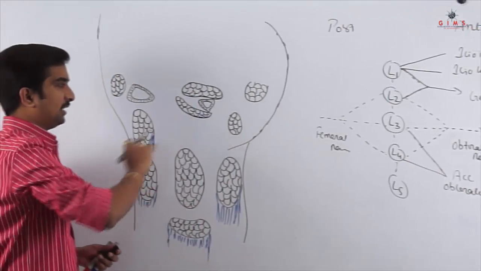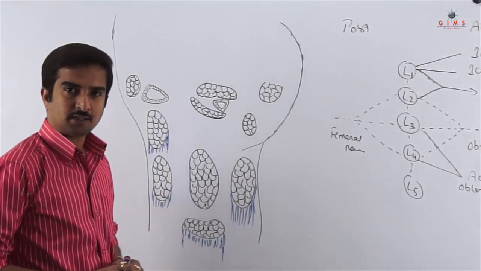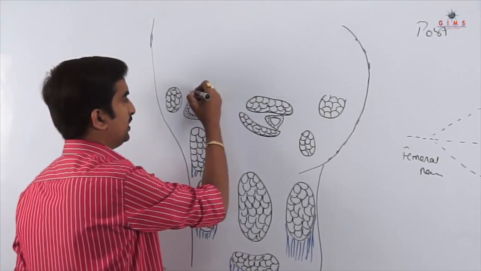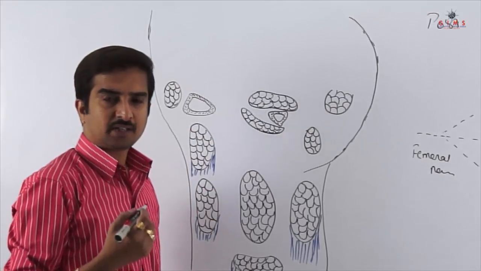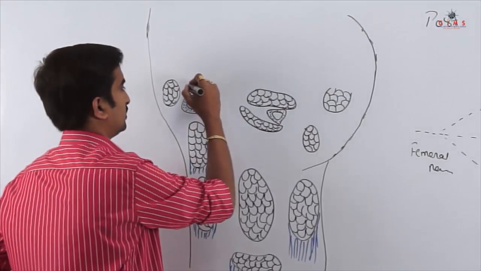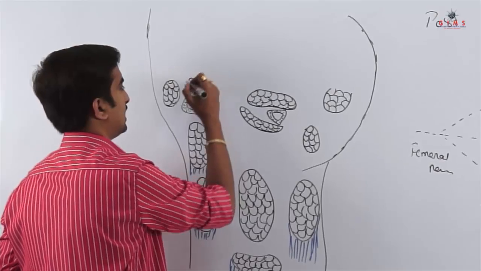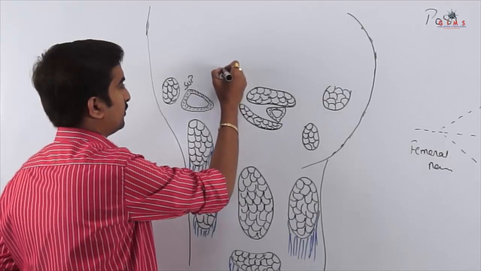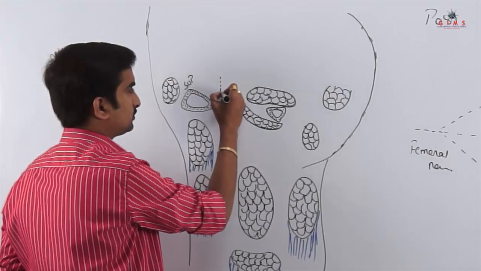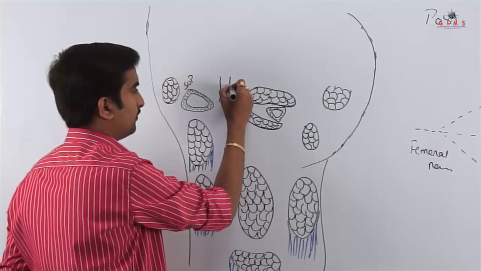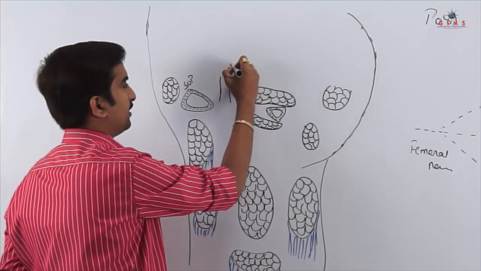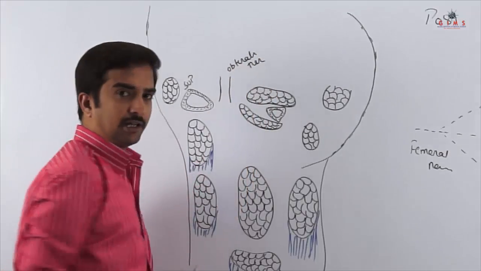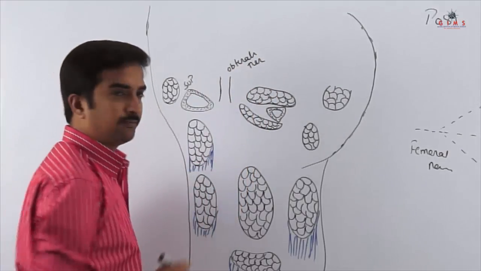Let us consider that this is the superior ramus of the pubis. Through the obturator canal, the obturator nerve is entering the thigh.